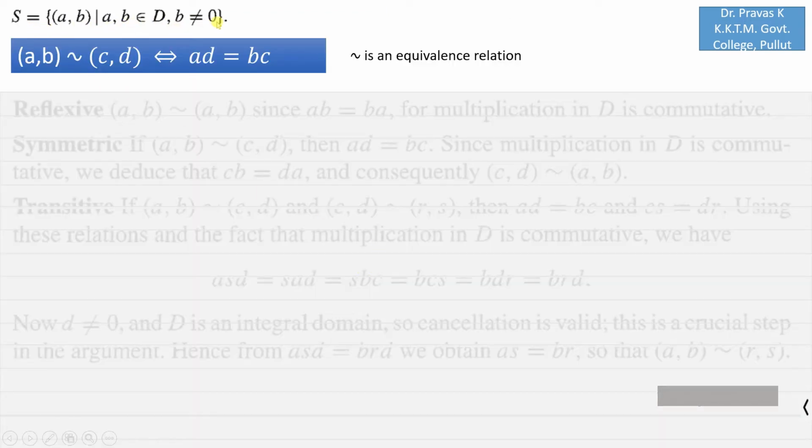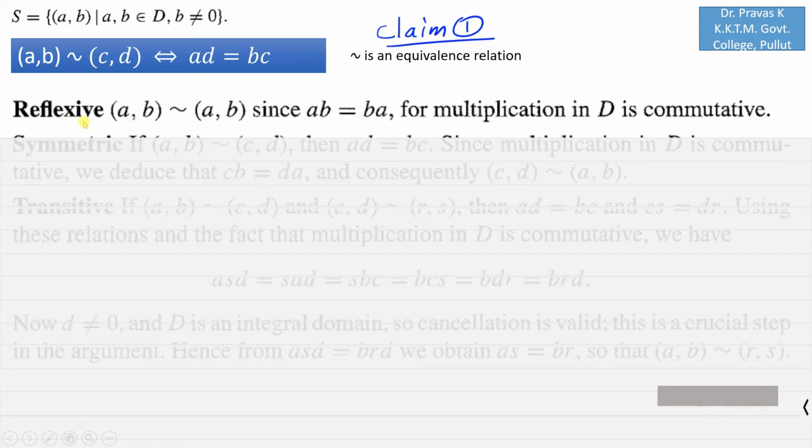So we start with S, the collection of all ordered pairs (a, b) with a and b elements of the integral domain capital D with b not equal to 0, and two ordered pairs (a, b) and (c, d) are in relation tilde if ad equals bc. We first start with the reflexive property. It follows very easily since we can see that ab and ba are the same since D is commutative.